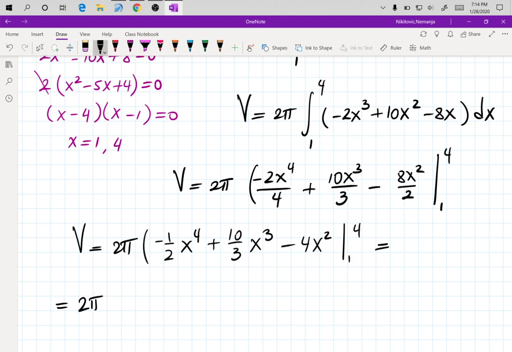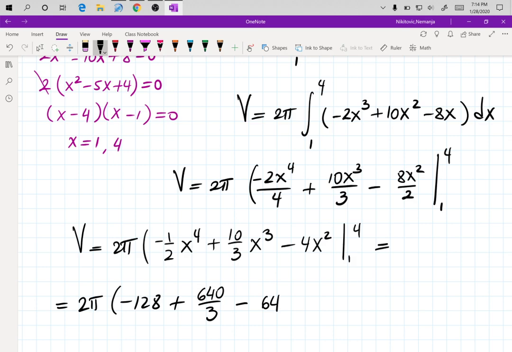Plug in 4. 128. Okay. So negative 128 plus 640 over 3, okay. Minus 64, sure.